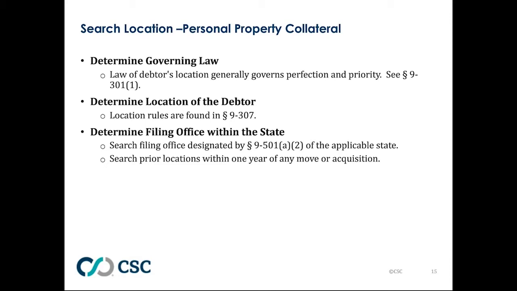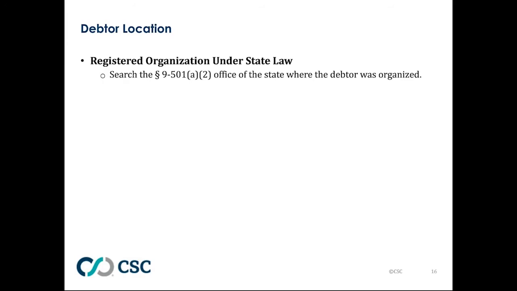And so once the jurisdiction is identified and the filing office is identified, then the search should be conducted in that filing office. When it comes to the location of the debtor, Section 9-307 has some specific rules for that. If the debtor is a registered organization under state law, then the debtor is located in the state where it was formed or organized.